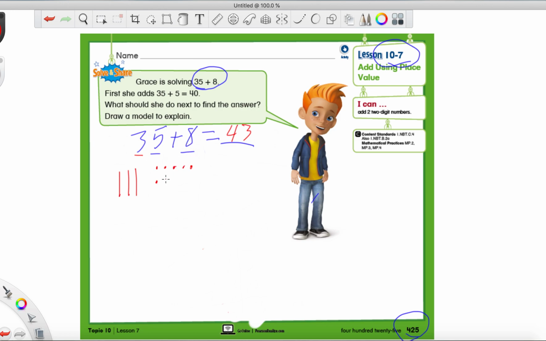So 1, 2, 3, 4, 5, 6, 7, and 8. And just like we did yesterday, we would make a group of 10, right? So now we have 4 tens and just 3 ones. We got 43. It's the same thing.